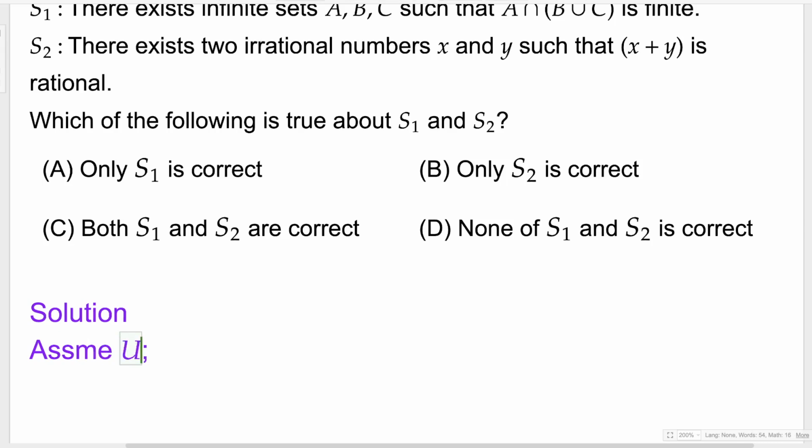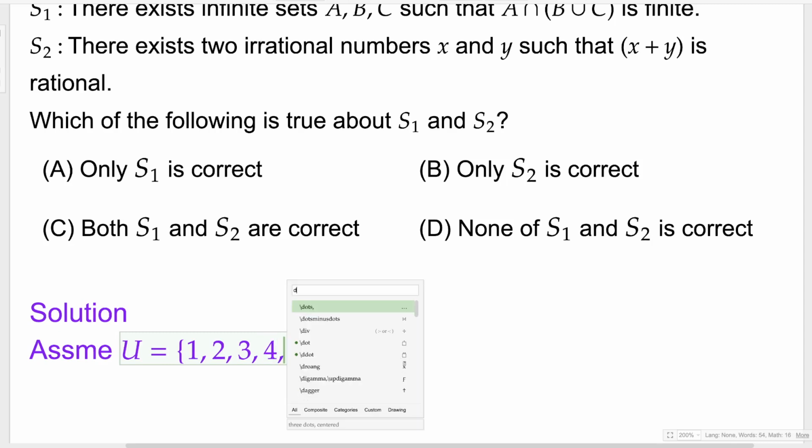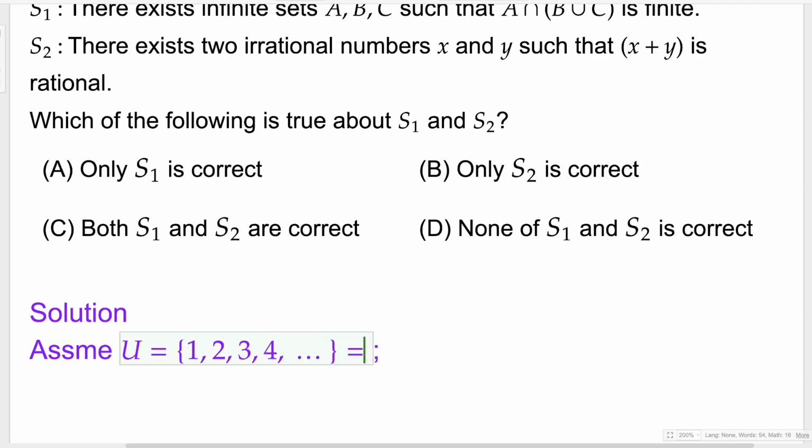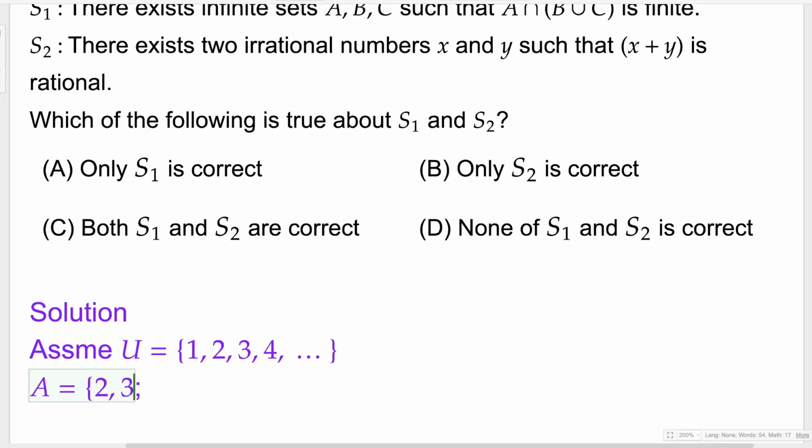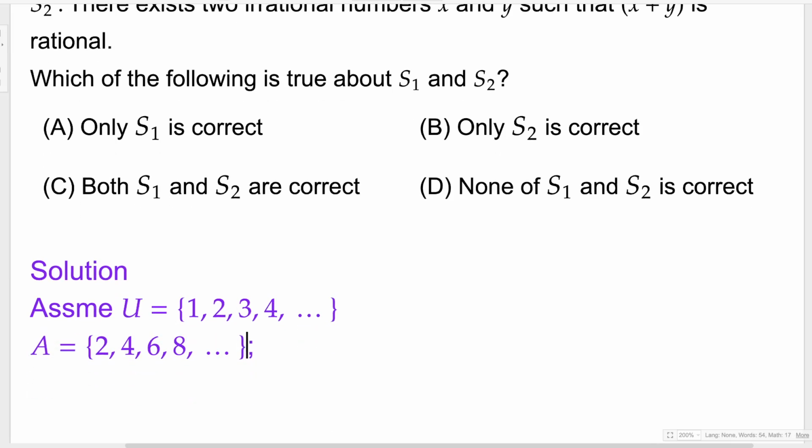I'll consider my universal set as the set of natural numbers, 1, 2, 3, and so on. So this is my set U. And now for set A, I will consider the set of even numbers 2, 4, 6, 8, and so on. Since these are infinite, we do not know the last element.